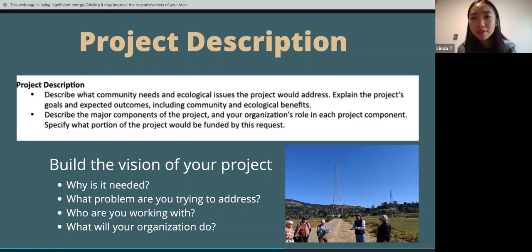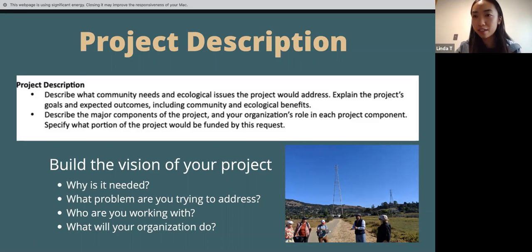An example of that would be, say, in your shoreline community, there's flood risk, especially in the face of sea level rise. And there's an opportunity to do some habitat restoration, which would reduce some of that flood risk and provide some benefits for wildlife.